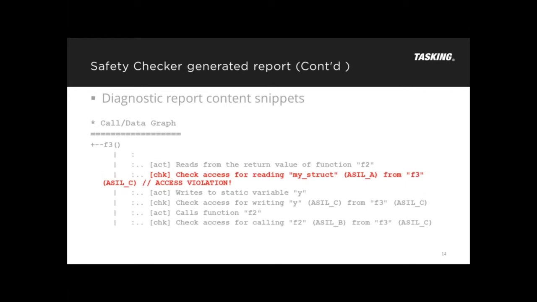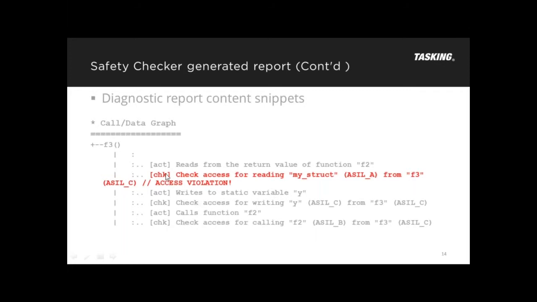And then this is basically the most interesting part from the generated report, which is the call graph. The safety checker generates a call graph for your whole software, and inside this call graph you can see there are some checks done by the safety checker, and if the check is okay, that's fine.